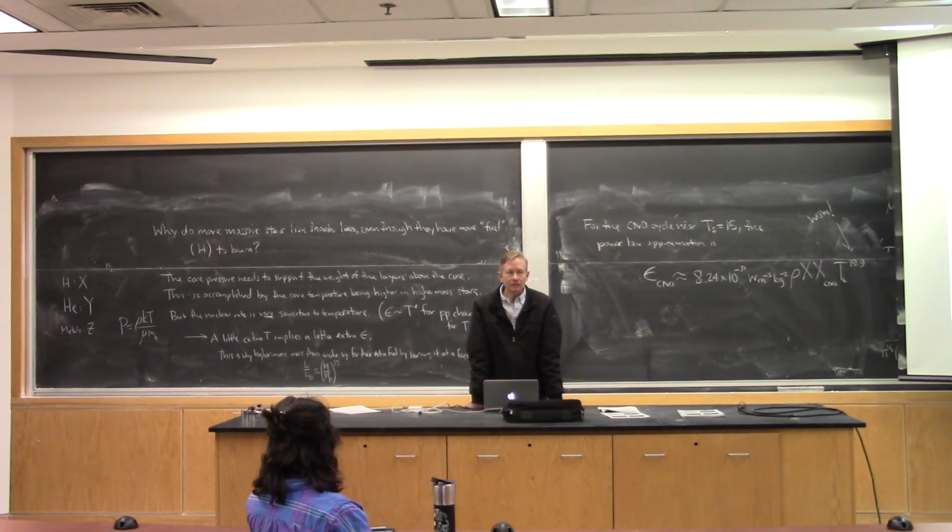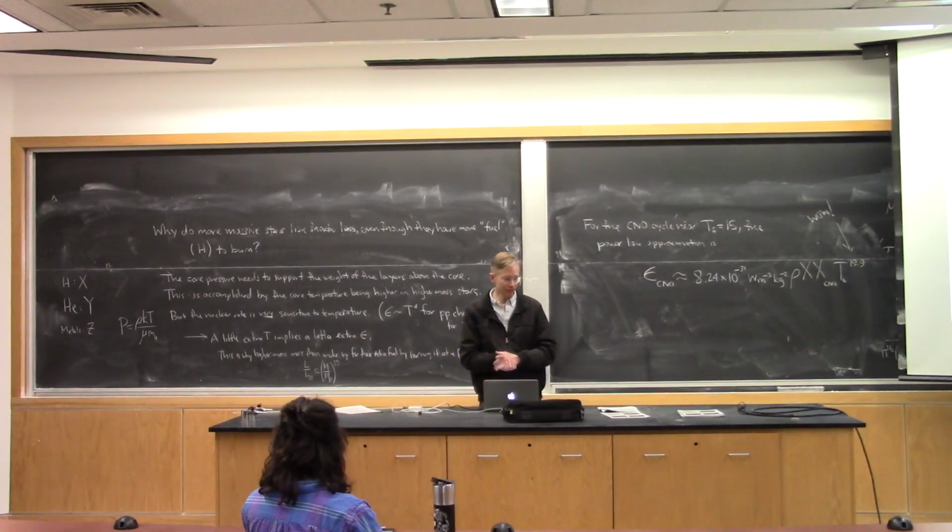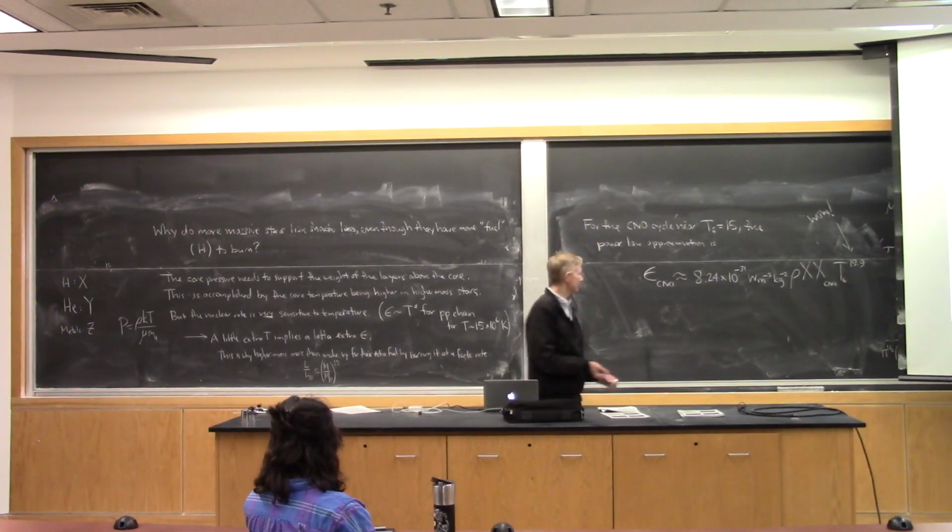And that is reducing the number of particles in the sun's core, because for a given amount of mass, a helium nucleus has 4 times the mass of a hydrogen nucleus, so the number of particles in the sun's core is diminishing. Put another way, the mean molecular weight is increasing. The average mass per particle is increasing as more and more of the particles become helium nuclei as opposed to hydrogen nuclei. So I think I'll write this out too.